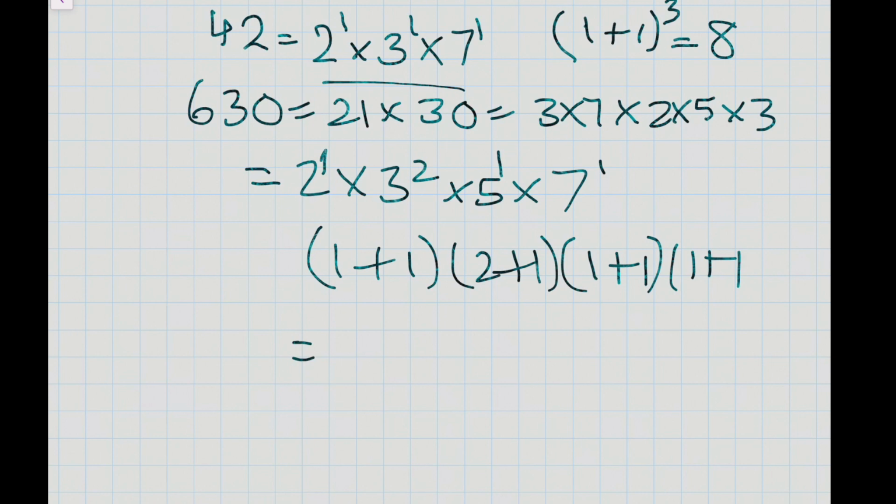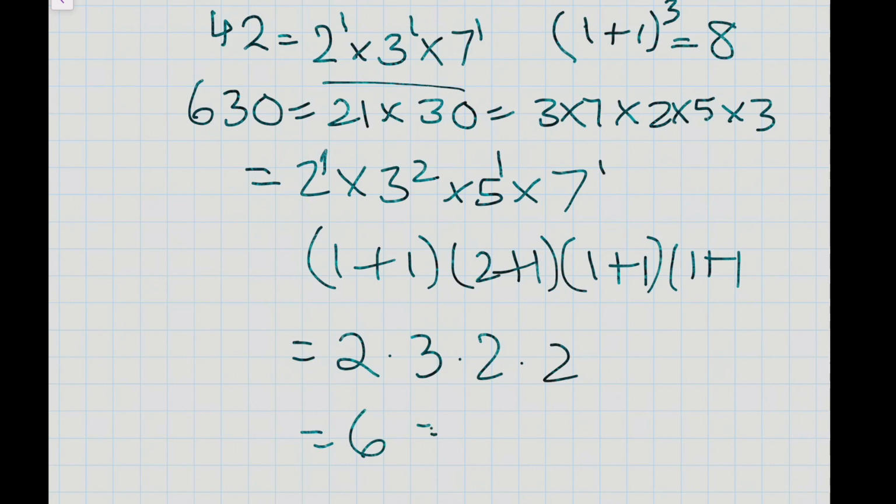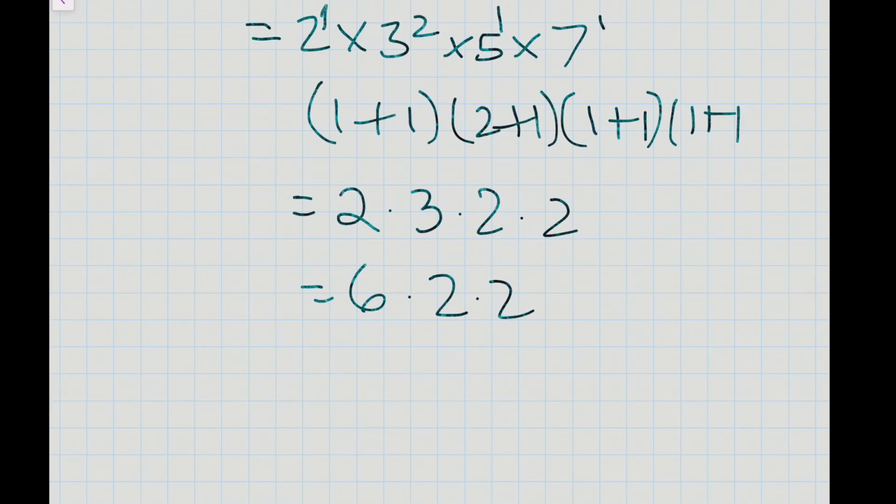And then that is equal to 2 times 3 times 2 times 2, which is 6 times 2 times 2, which is equal to 24.